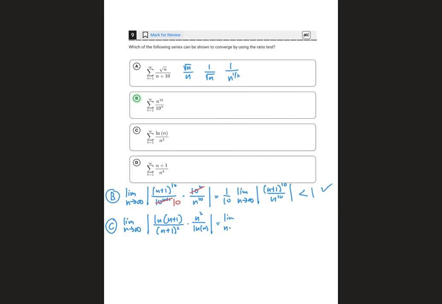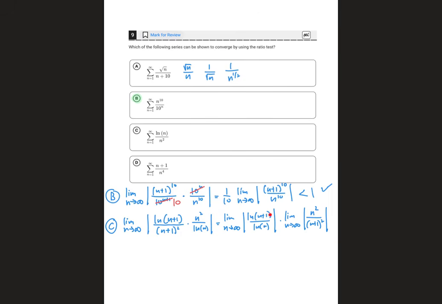We can write it like this. Each one of these separately will approach 1, because as n goes to infinity, this is going to be ln of 1001 over ln of 1000, ln of 1,000,001 over ln of 1,000,000.